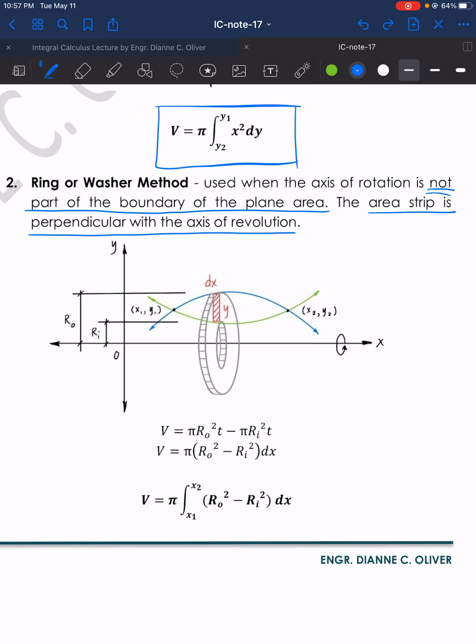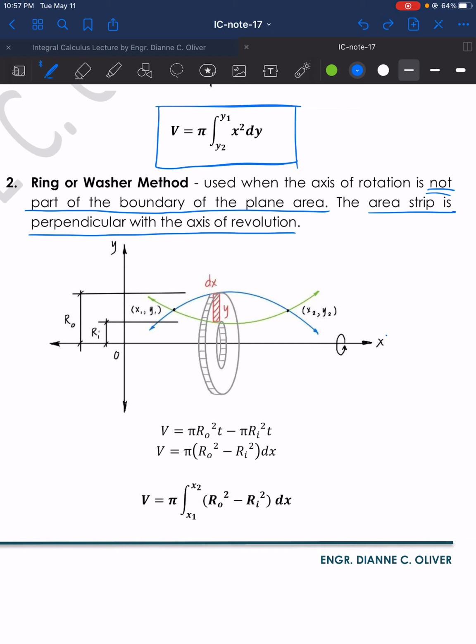Why? Because if we take the x-axis as the axis of rotation and the area strip is perpendicular to the axis of rotation, then if we rotate this, we will form a ring or a washer with a hole in the middle.